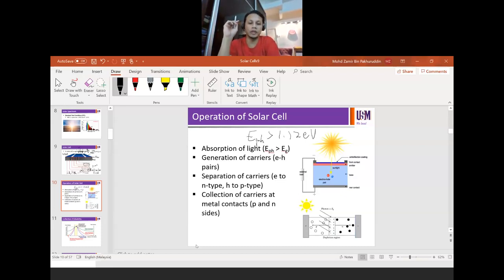So what's going to happen if the photon energy is less than 1.12? What's going to happen to the photons? Last time we've learned, right? What happens to the photons if the EPH is less than the EG? What's going to happen to the incident light?